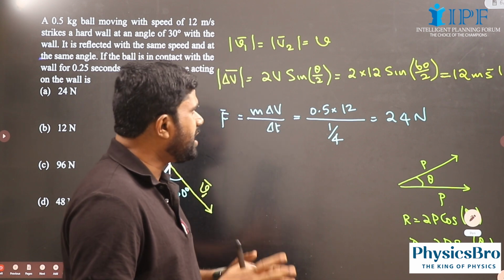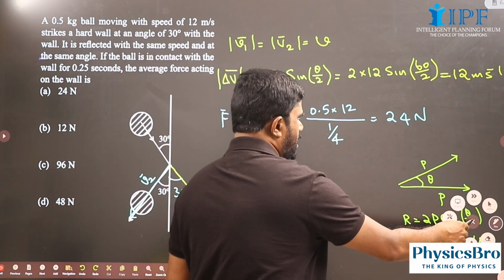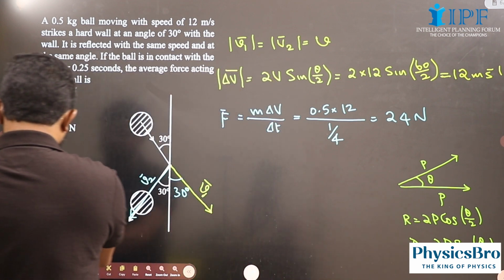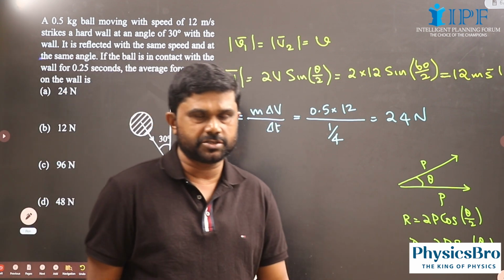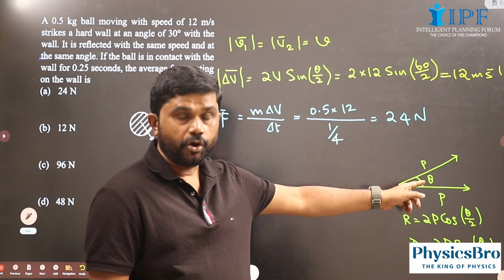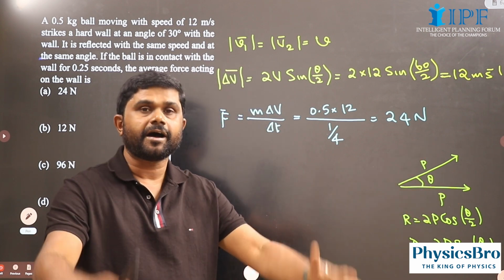If we have two vectors of equal magnitude, children, this is very important. We have two vectors of equal magnitude, each equal to p, inclined at an angle theta.